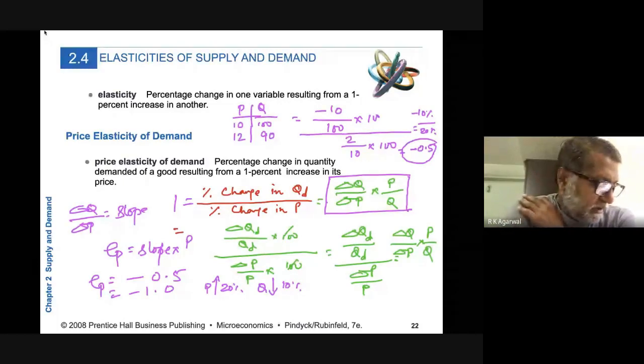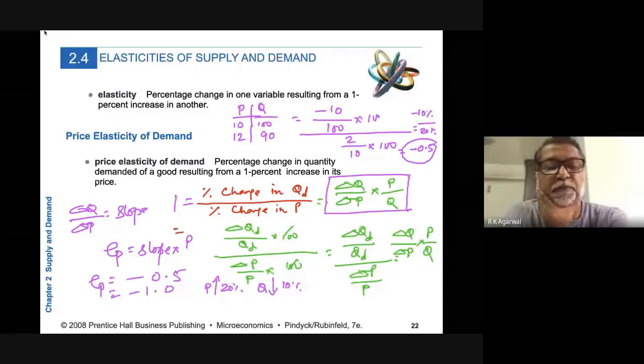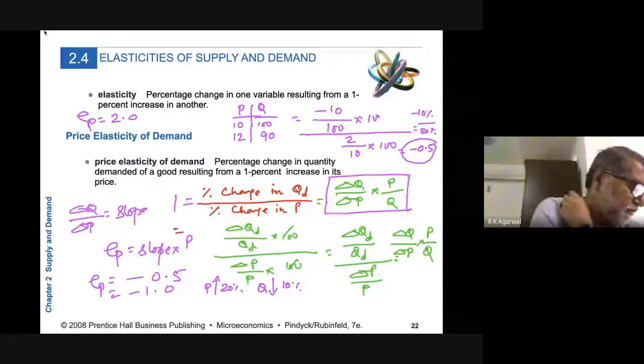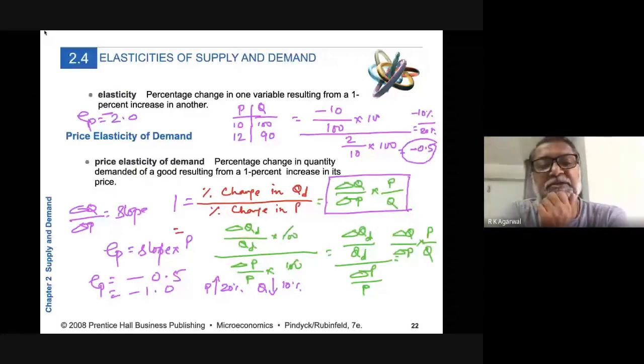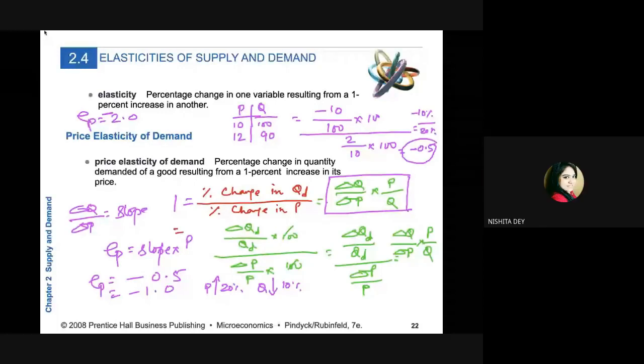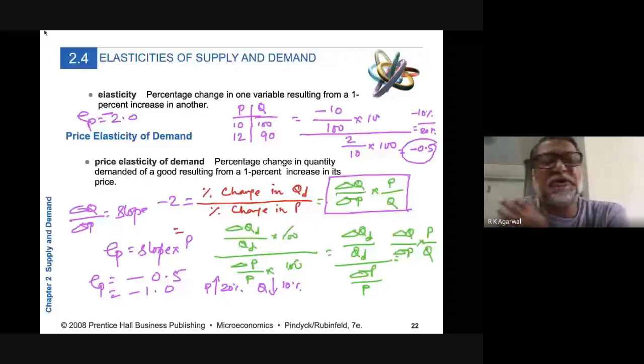What if this elasticity is equal to 2.0, not 1.0, but 2.0, of course, minus 2.0. What will be the interpretation now? Quantity change is double the change in price.